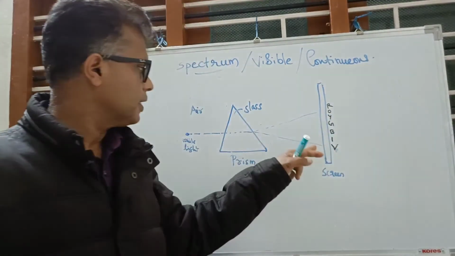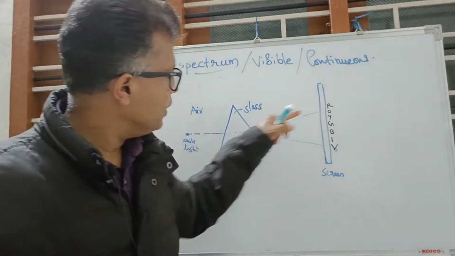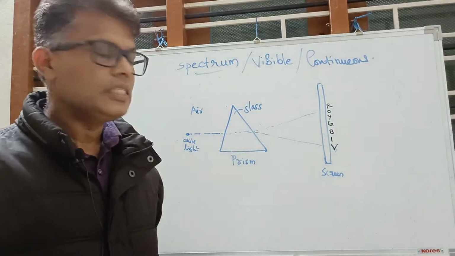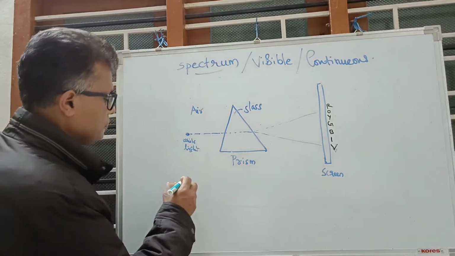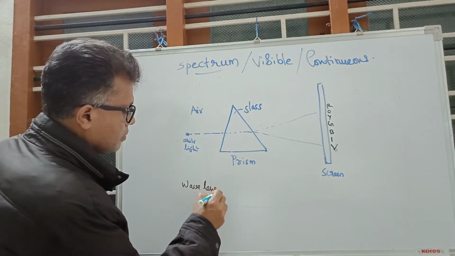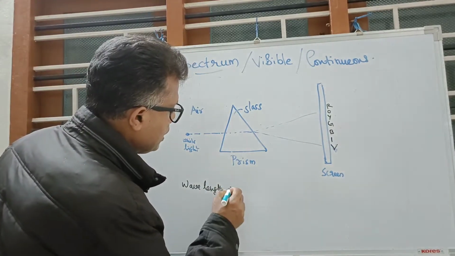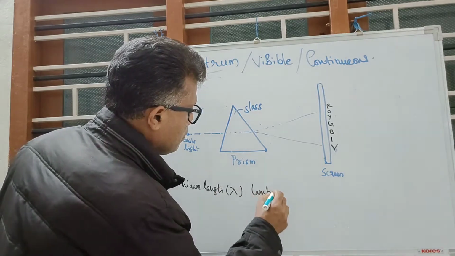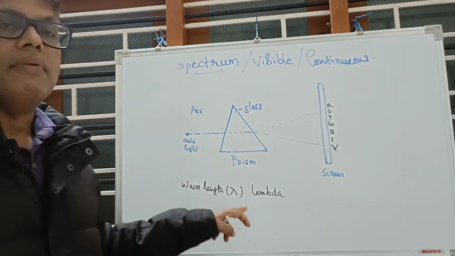This wave is measured in wavelength, in nanometers. It is normally denoted by the symbol lambda.